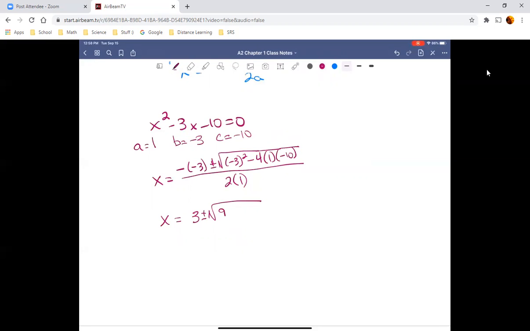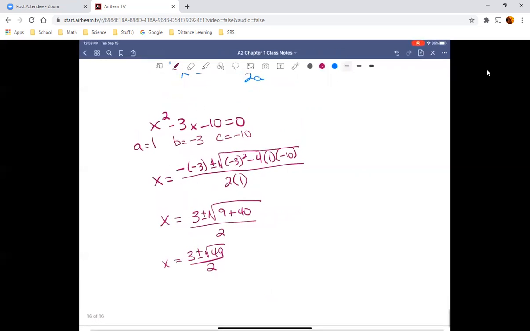And then -4 times 1 times -10 is going to give us? Positive 40, good job. All over 2? So, yep, 3 plus or minus the square root of 49 all over 2, right?